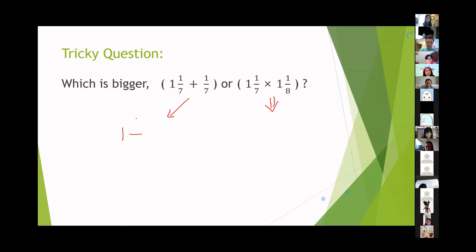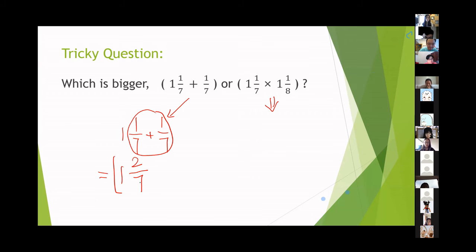1 and 1 over 7 plus 1 over 7 equals how many? 1 and 2 over 7. Good. This is 2 over 7, right? This one, when we have two mixed numbers, what are we going to do next? Change them into improper fractions. Very good.